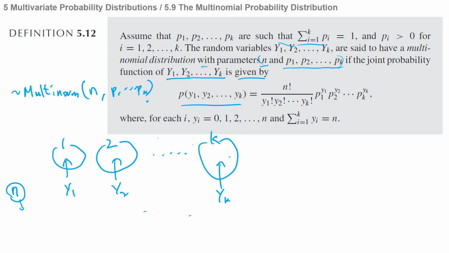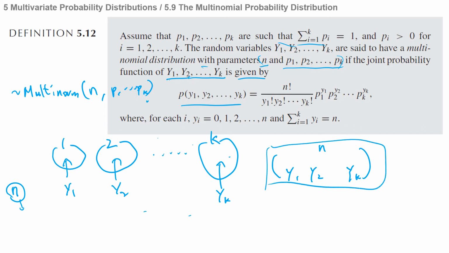So it is n choose y_1, y_2, to y_k, which is the same as n factorial over y_1 factorial through y_k factorial, the total number of simple points that we can count this way.